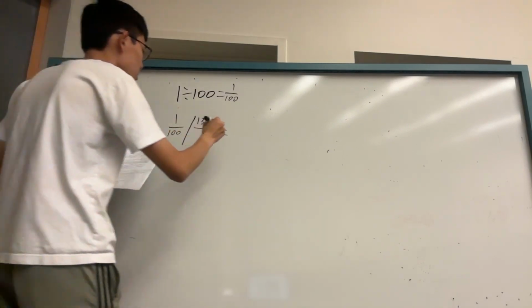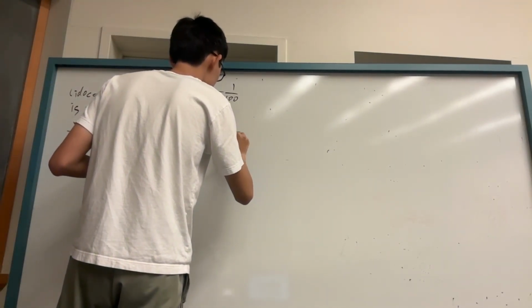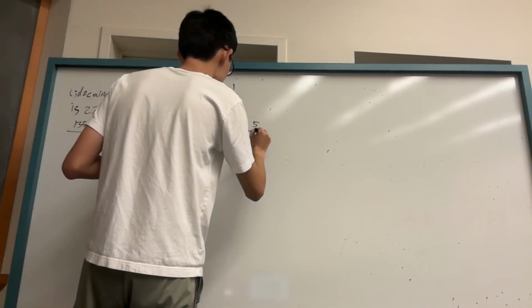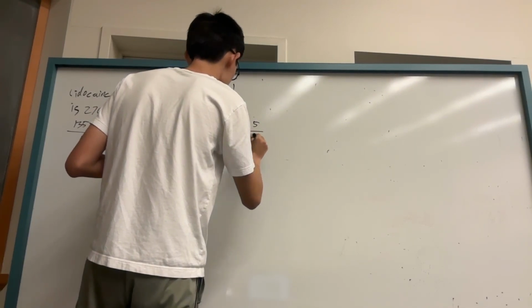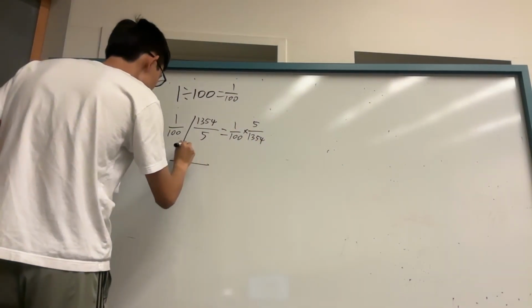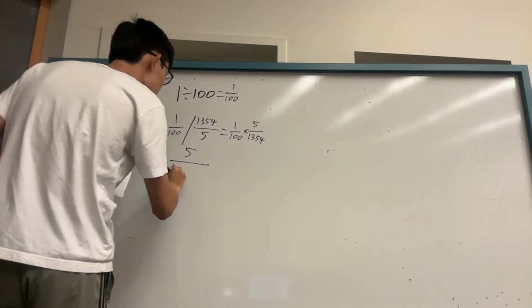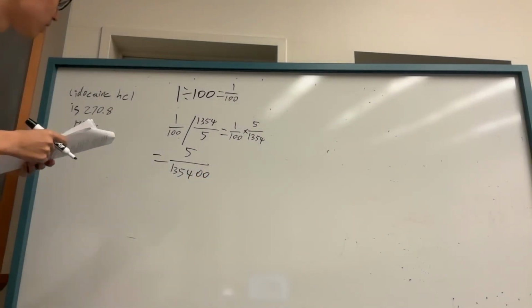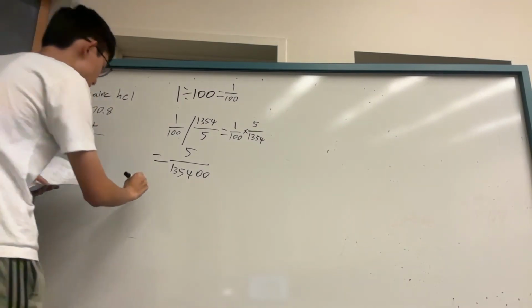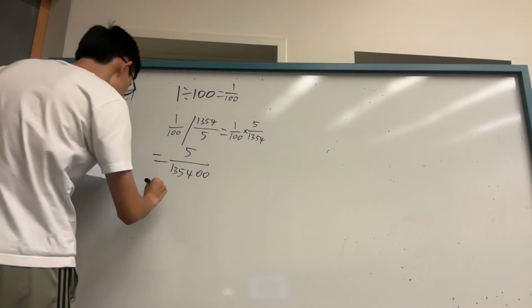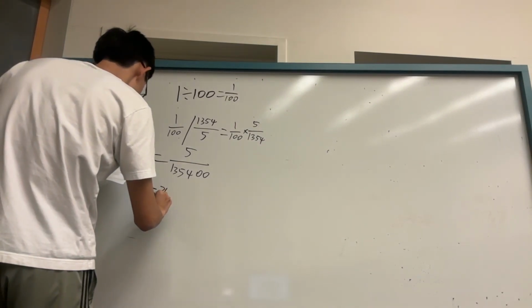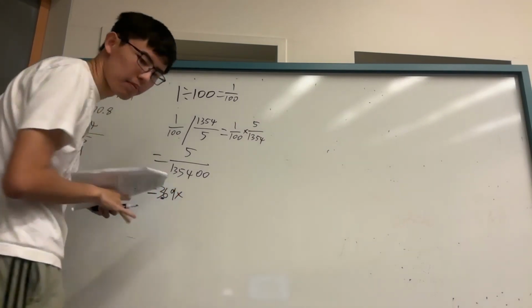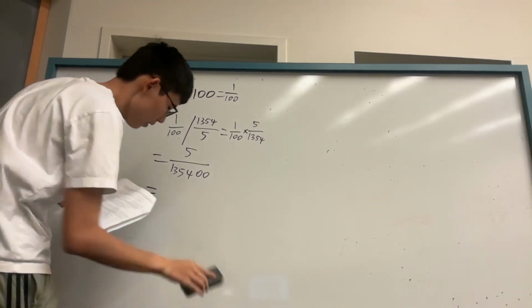So this is equal to times multiplication, which is the same as, now this is equal to, I put the decimal place too close.